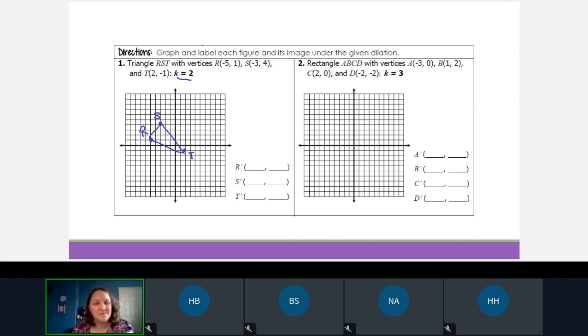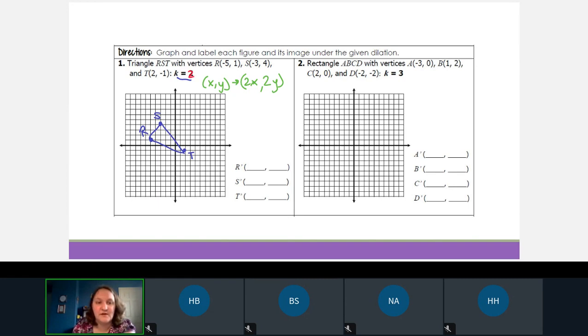Do you remember our rules for translations where we had X, Y mapped onto something? You could think of this as taking our X, Y and mapping it, but this time we're going to multiply the X value by the scale factor and the Y value by the scale factor.